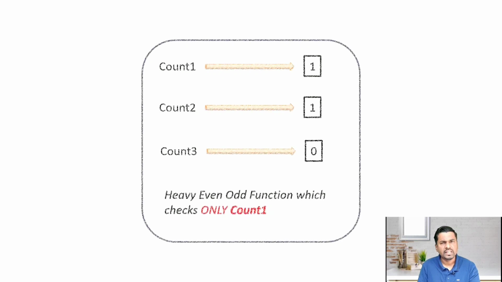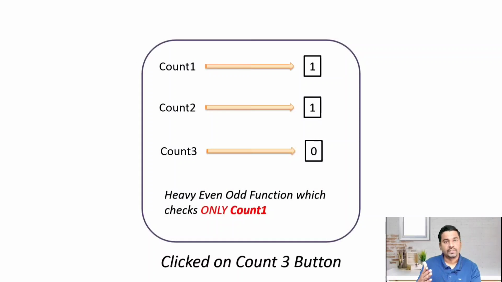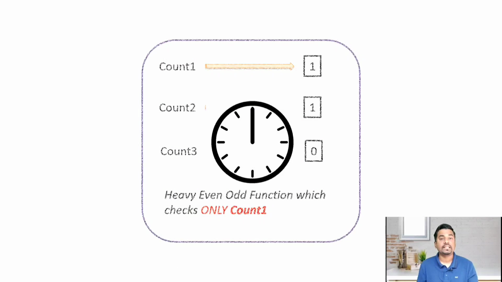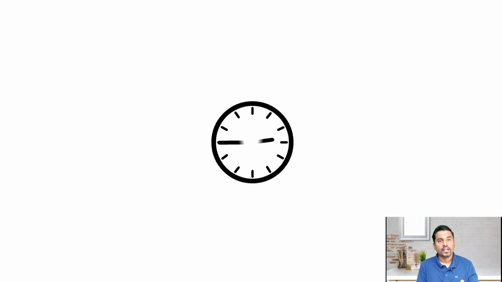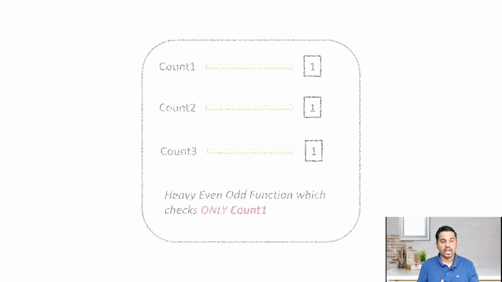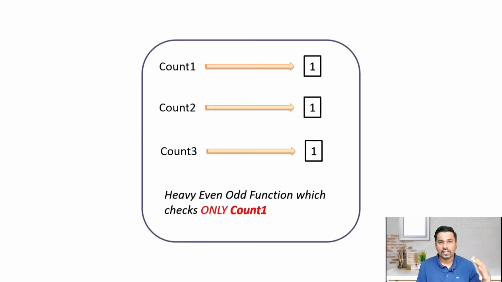Oops, did I do something wrong? Nope. Here, if I click on count 3, again it takes some time to re-render. Why? Now there is a question: we are only checking count 1, but why is it taking time for count 2 and count 3 to get updated?